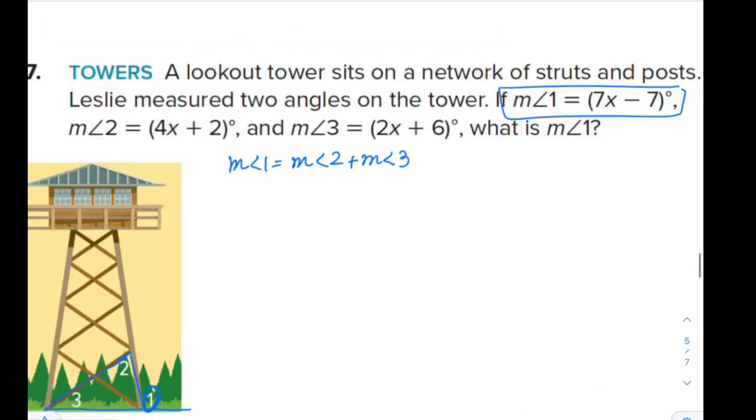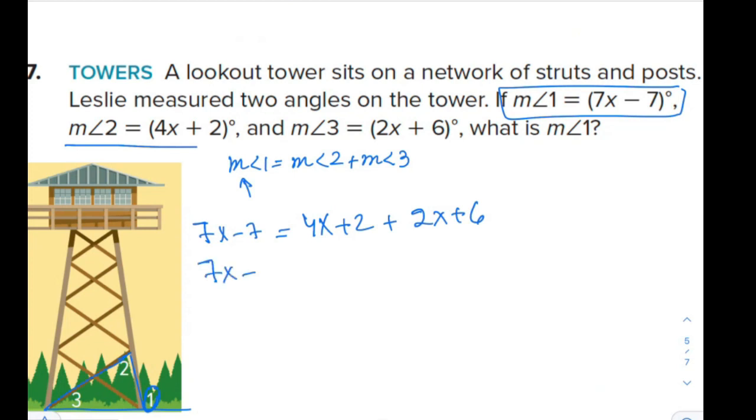Measure of angle 1 is 7x minus 7. Measure of angle 2, 4x plus 2. Measure of angle 3, 2x plus 6. And this is an equation with variable on both sides. We will try to simplify first. 4x plus 2x, 6x, 2 plus 6, 8.